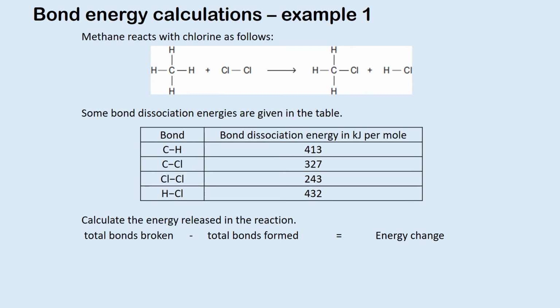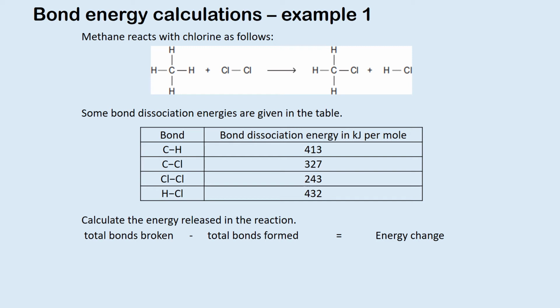So if you have a look at your reactants, you have got 1, 2, 3, 4 CH bonds and 1 Cl-Cl bond. So it would be 4 lots of 413, 1 lot of 243.